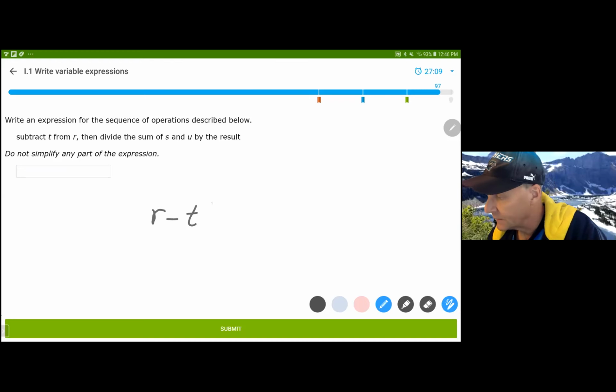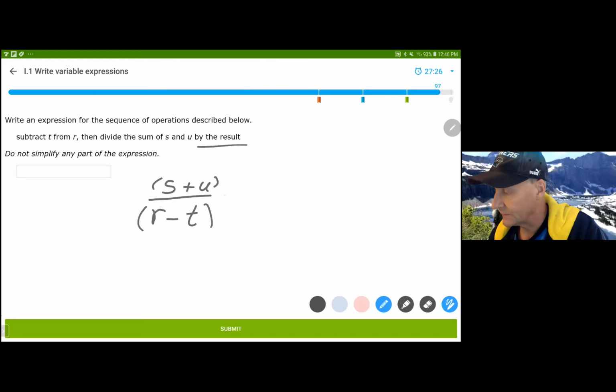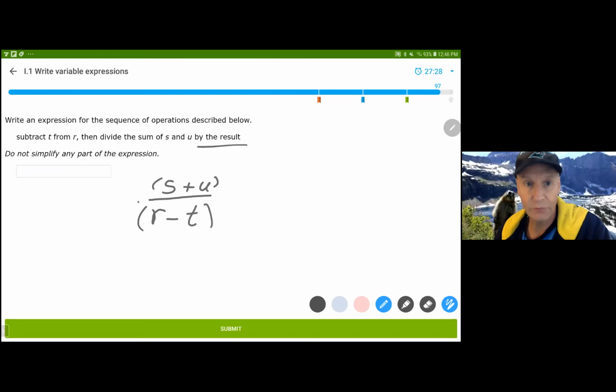Then divide the sum of S and U by the result. So we're going to divide the sum of S and U by the result of R minus T. Now there really are parentheses around these, but because of the division line, it's assumed to have parentheses.